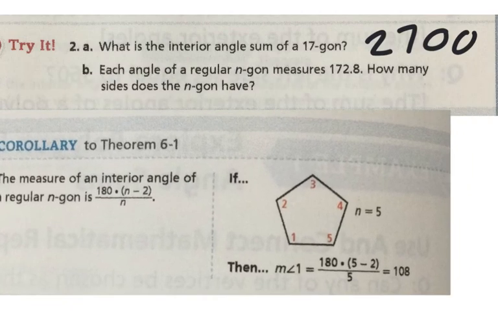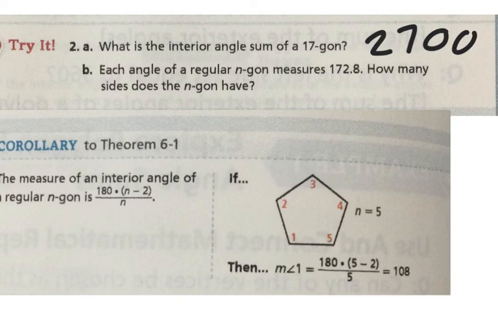But what a regular polygon, a regular anything means, is that every angle has the same measure. Like a square. A square is actually a regular quadrilateral because it has all four sides the same, all four angles the same.